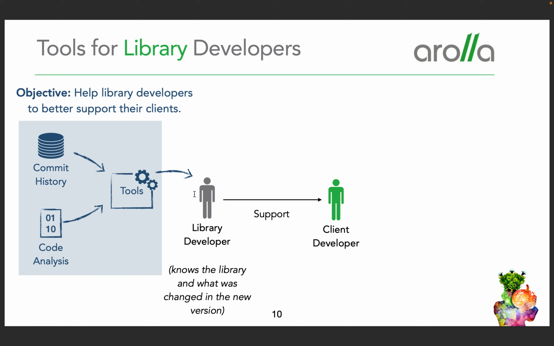So we also mine information from the commit history and source code, and we propose this information to library developers, thus helping them use and structure maybe the knowledge that they already have about the system, add extra knowledge from the commit history, and like this support their clients.